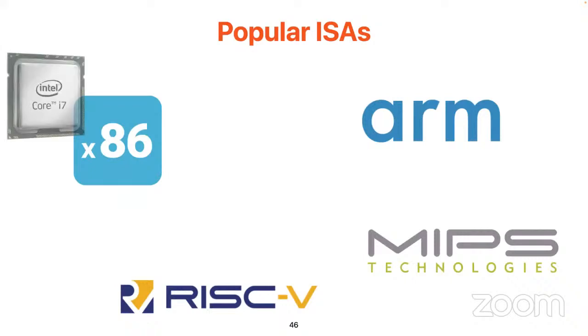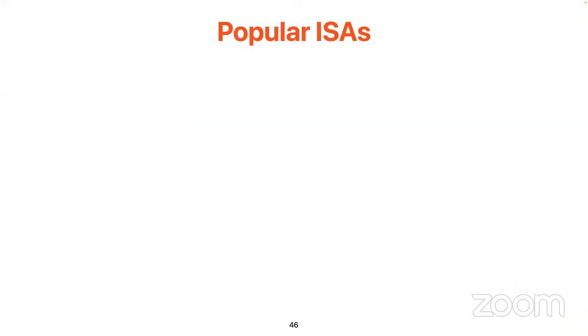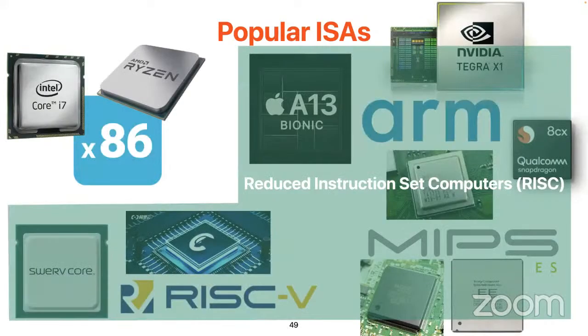And among these, except for x86, everyone else that is popular right now is a RISC type of instruction set architecture.